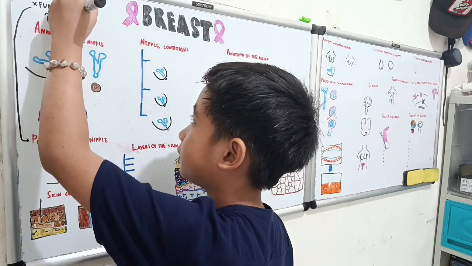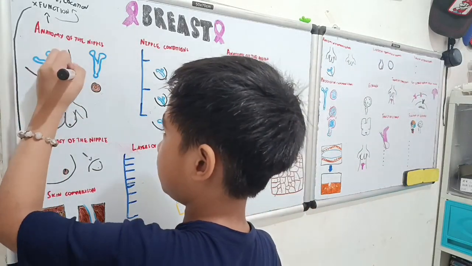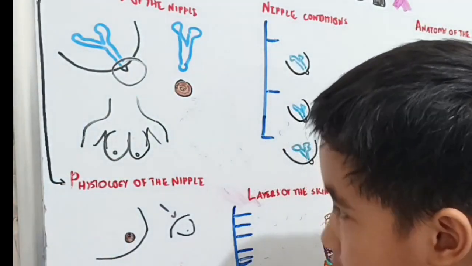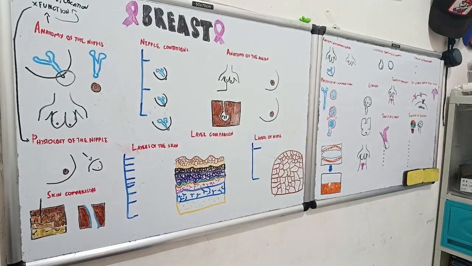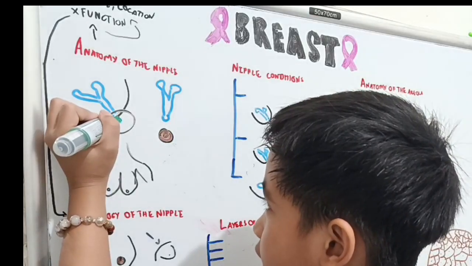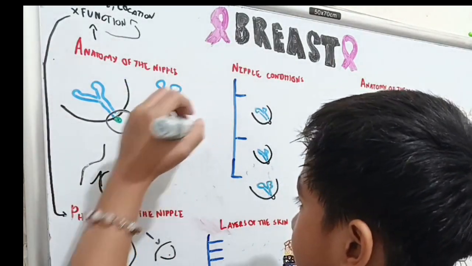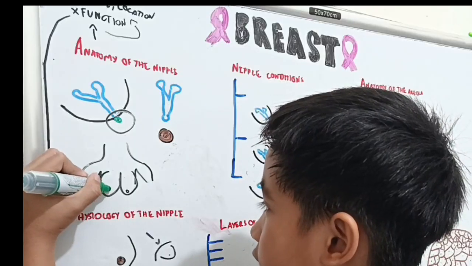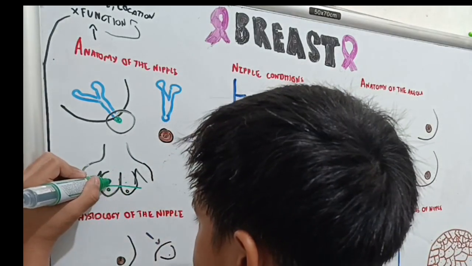Where's the nipple actually located? Let's just see a cut cross section of the breast. You can just see here that the nipple is just around the edge, around here, at the center of the lower part of the breast, actually at the center.